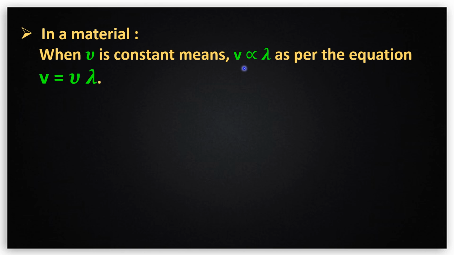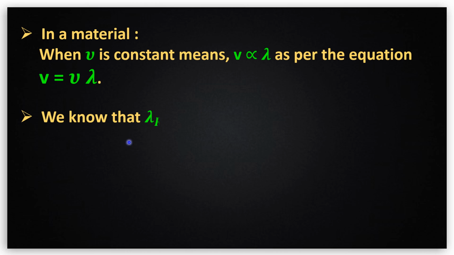When v is more, lambda is more. When v is less, lambda is less. The wavelength of red color is more. That's why the velocity of red light is more in a material than the velocity of violet light. That means violet light moves very slowly in a material compared to red light.